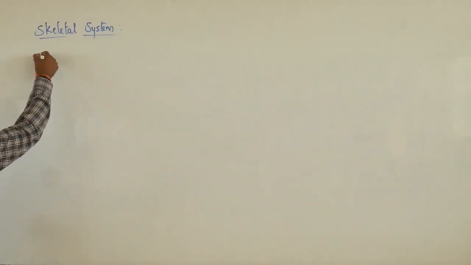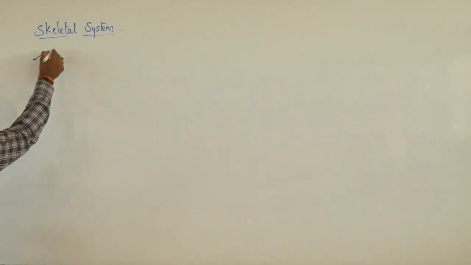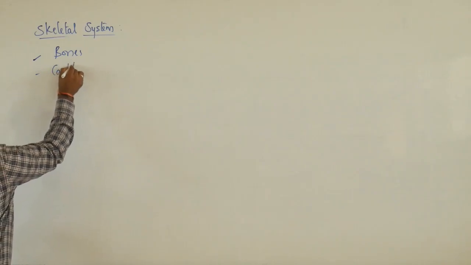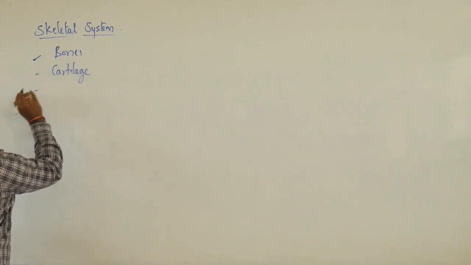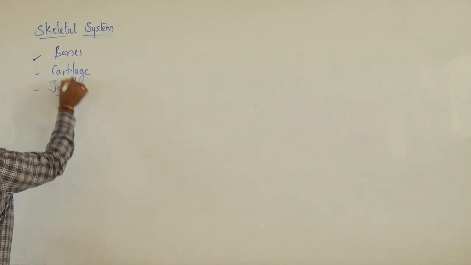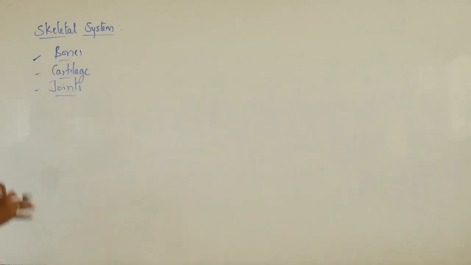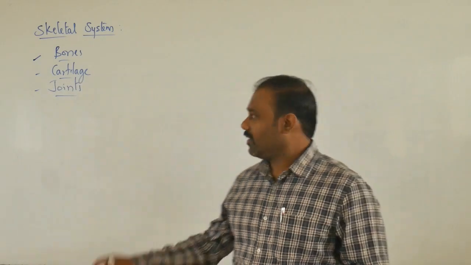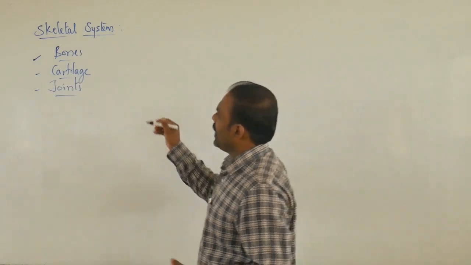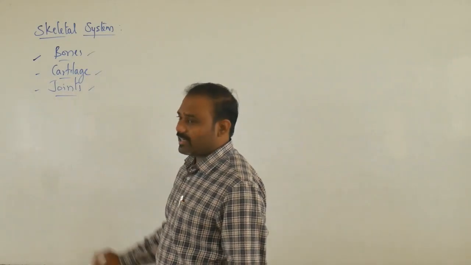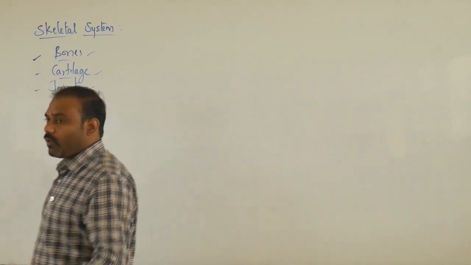The skeletal system includes bones, cartilage, and also joints. Remember, all these together come under the skeletal system. Here mainly how many bones are there, where the cartilages are present, where the joints are present, and what is the role of joints.